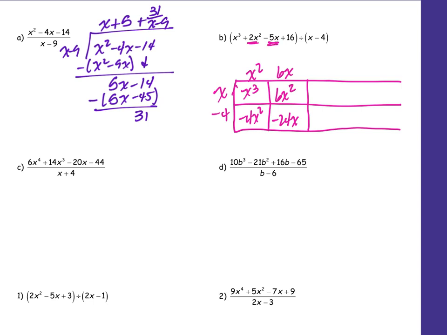And how do I get negative 5x? I add 19x. So that's 19, and then that's negative 76. And then I need 16, so that's 92. So I get x squared plus 6x plus 19 plus 92 over x minus 4.